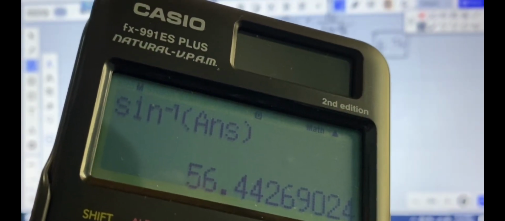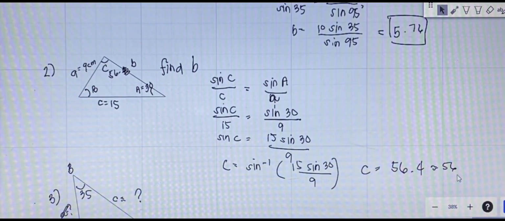Okay, so C is 56.4, or approximately 56.